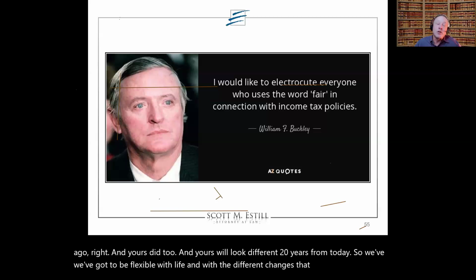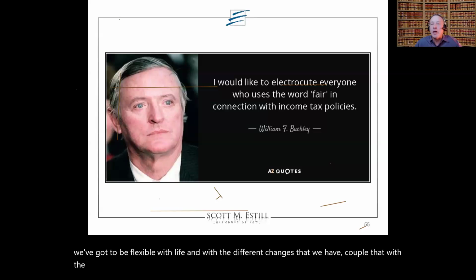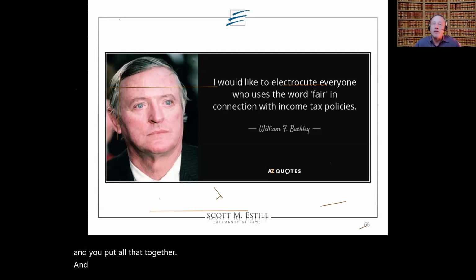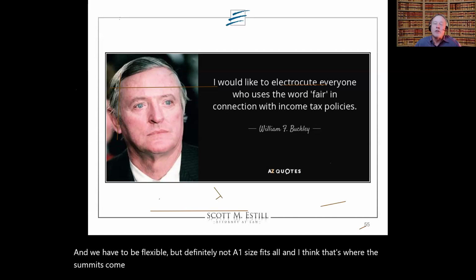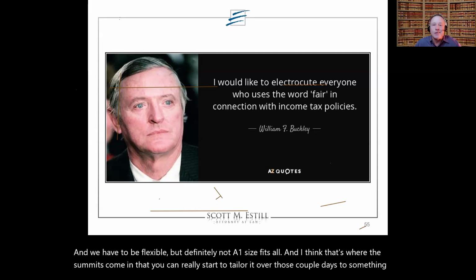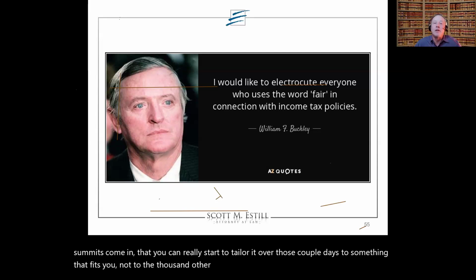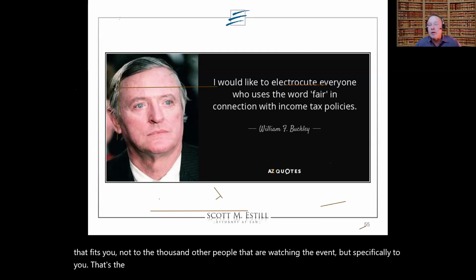Couple that with the investment changes and the tax changes, the legal changes, and you put all that together, and yeah, we have to be flexible, but definitely not a one size fits all. And I think that's where the summits come in, that you can really start to tailor it over those couple days to something that fits you, not the thousand other people that are watching the event, but specifically you. That's the real big advantage, in my opinion.